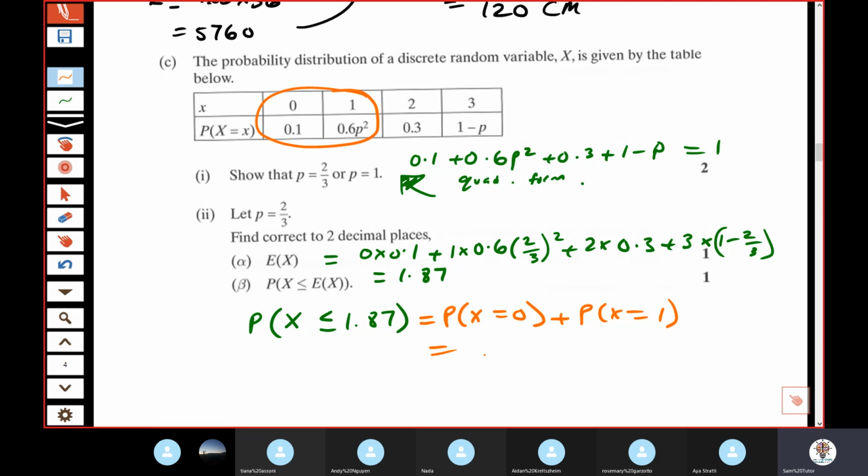So what's the probability of 0? That's 0.1. What's the probability of 1? That's 0.6 times 2 over 3 squared. So probability of 0, 0.1, and then probability of 1. And that should be less than 1.87.